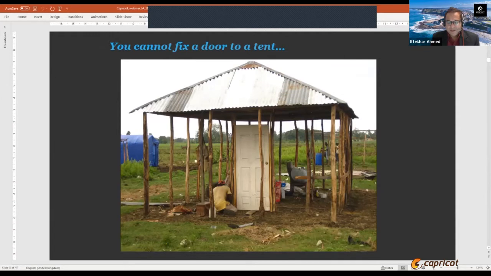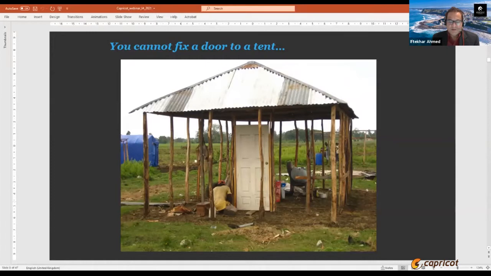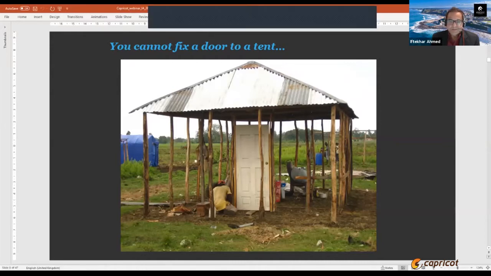And they have learned from mistakes. The culturally inappropriate ways of doing things have given lessons to many organizations throughout the world, particularly after major disasters such as the Indian Ocean tsunami, which gave a whole range of lessons that you cannot do things without the right kind of technical competence behind it.